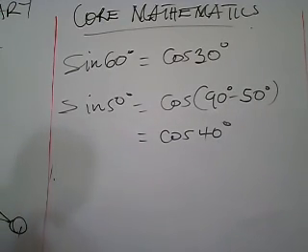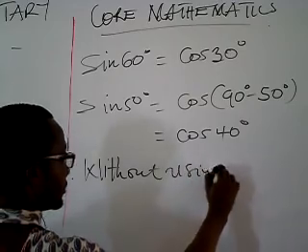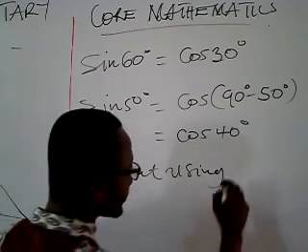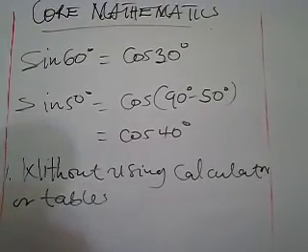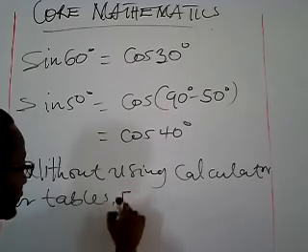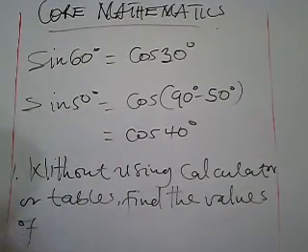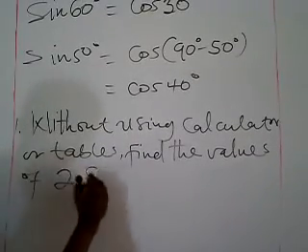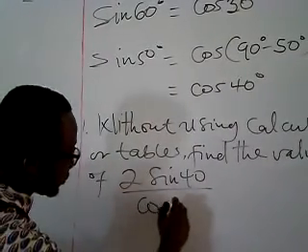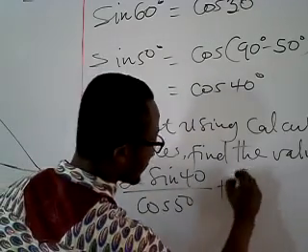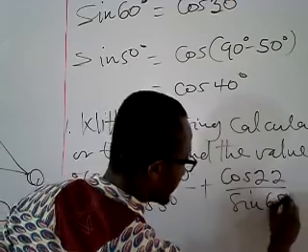So in our example 1, we can say that without using calculator or tables, find the values of 2 sine 40 over cos 50 plus cos 22 over sine 68 degrees.